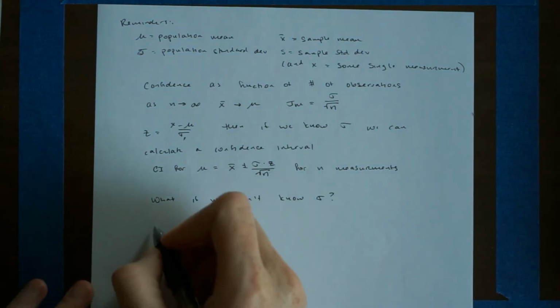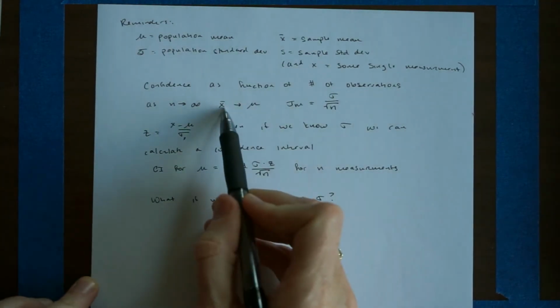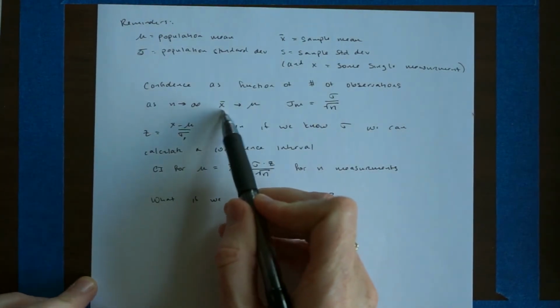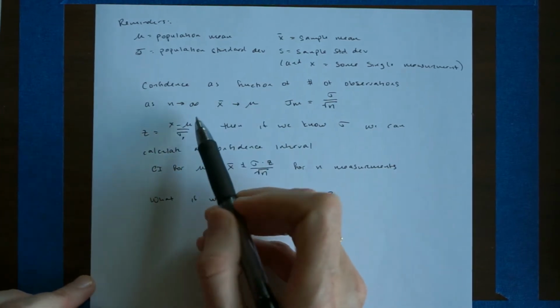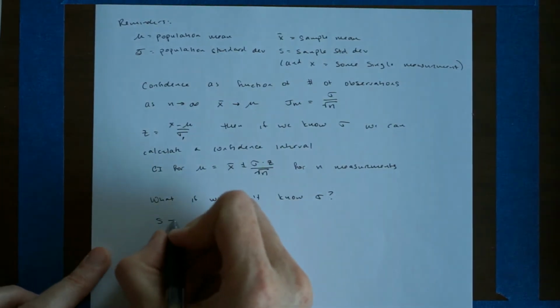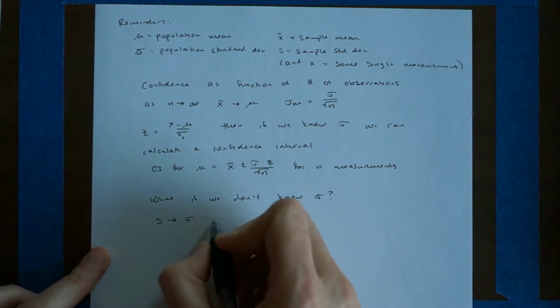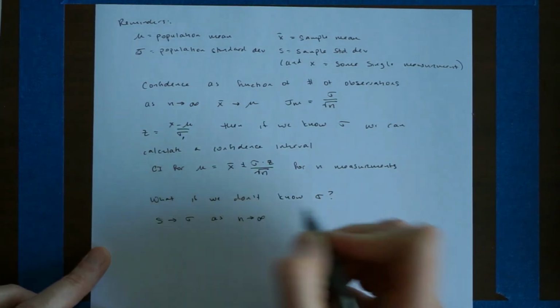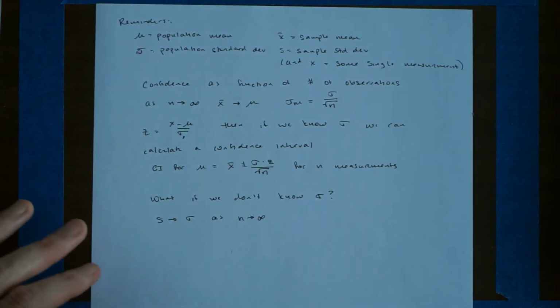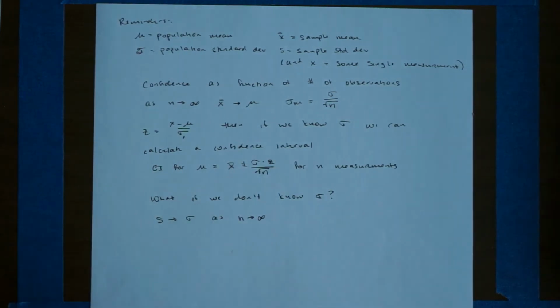So just as the average that you observe approaches the population mean when n goes to infinity, so does s approach the true population standard deviation as n approaches infinity. And it does so in much the same functional form that x approaches mu.